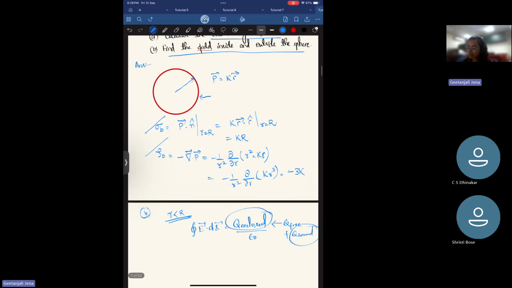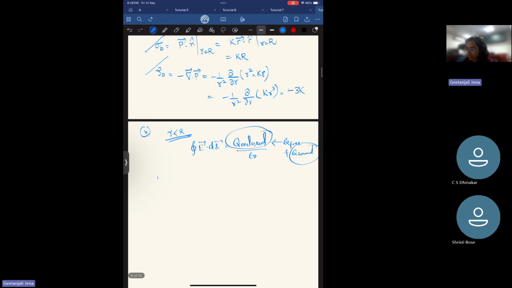And for r less than R, we are looking at the volume, so there is no surface charge. That is why Q enclosed will be the integration of rho_b dV. And rho_b is given as minus 3k. dV is r square sin theta d theta d phi.